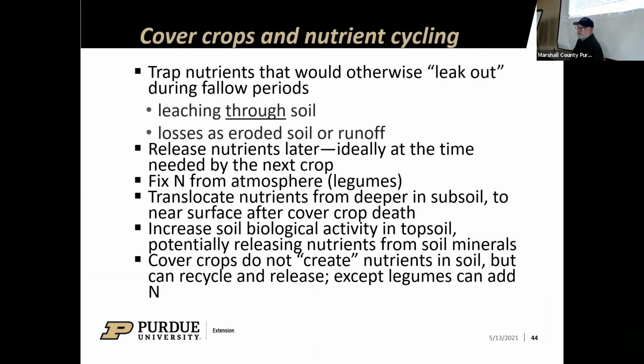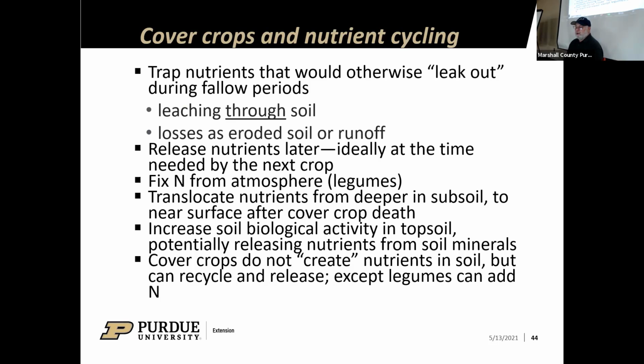So trap nutrients that would otherwise leak out is one function. These will reduce what's leaching out of our soil and losses that are eroded from soil or runoff. As those roots in the soil break down and the part of the plant above the soil breaks down, it'll release those nutrients back into the next crop growing in your garden, for example.